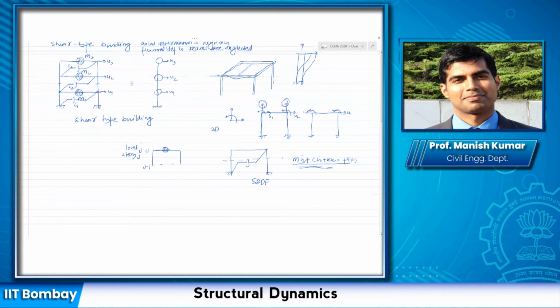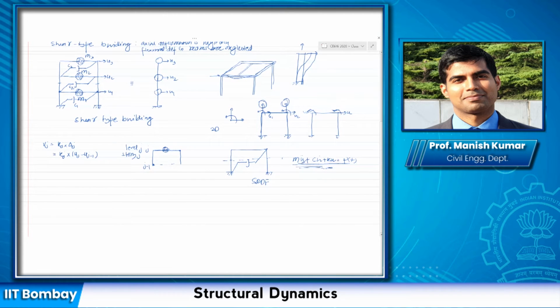Now I know the story shear can be represented at any story as Vj equal to the story stiffness times the relative deformation between the two ends of the story, which is also called story drift, and we represent it as delta J, which is nothing but Kj times (Uj minus Uj minus 1).